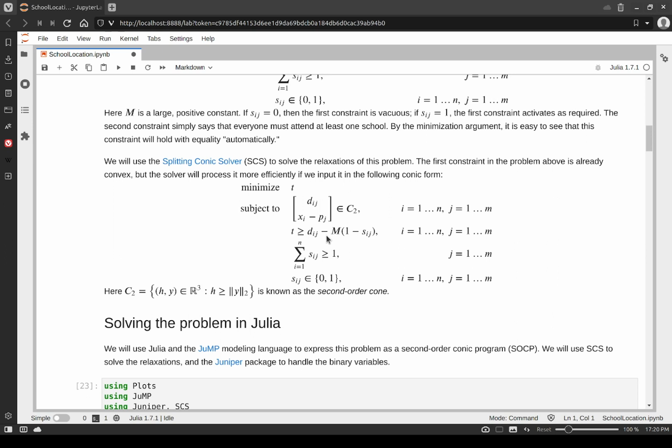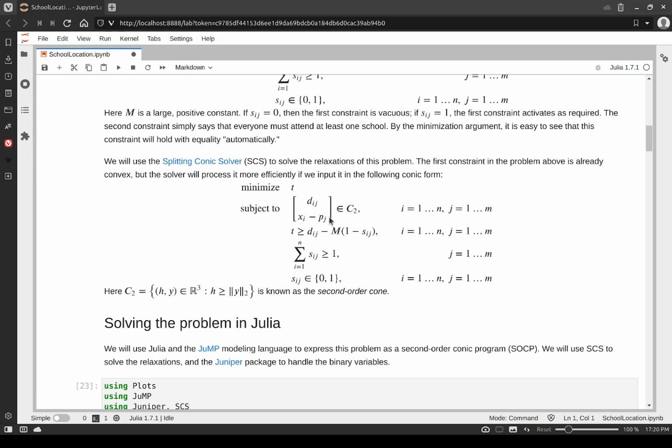This requires thinking a bit about the problem. But if we look here, basically all we need is for the right-hand side of this constraint to come out negative when S_ij is 0. And in order for this to be negative, we only need to ensure that M is greater than d_ij, which in turn represents the distance between x_i and p_j. So what we can do is try to set M to a number that's always going to be greater than the distance between a school and a family.